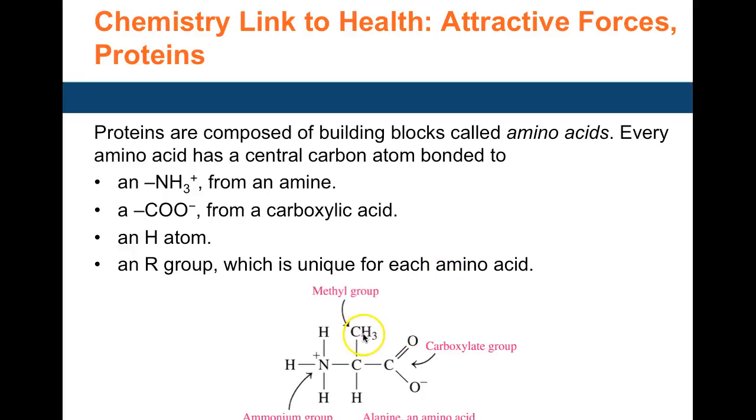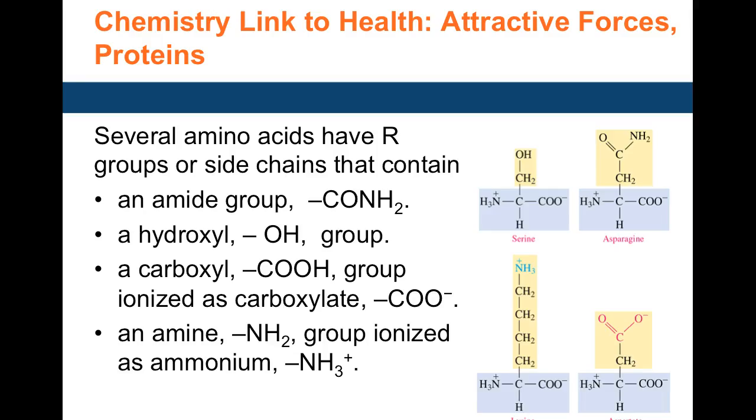The R group could be either a hydrogen or a methyl group, as seen here, and depending on the R group, the interactions and the properties differ for the amino acids. Sometimes the R group is an amide group, or an OH, or the COOH carboxyl group, or an NH2 or an NH3 ammonium amine type of group. Because of that, their interactions and properties will vary.